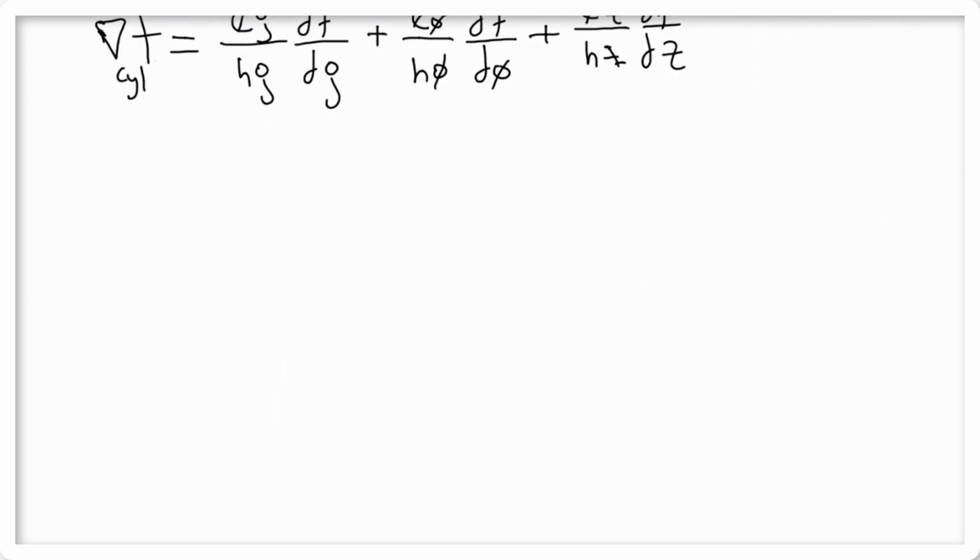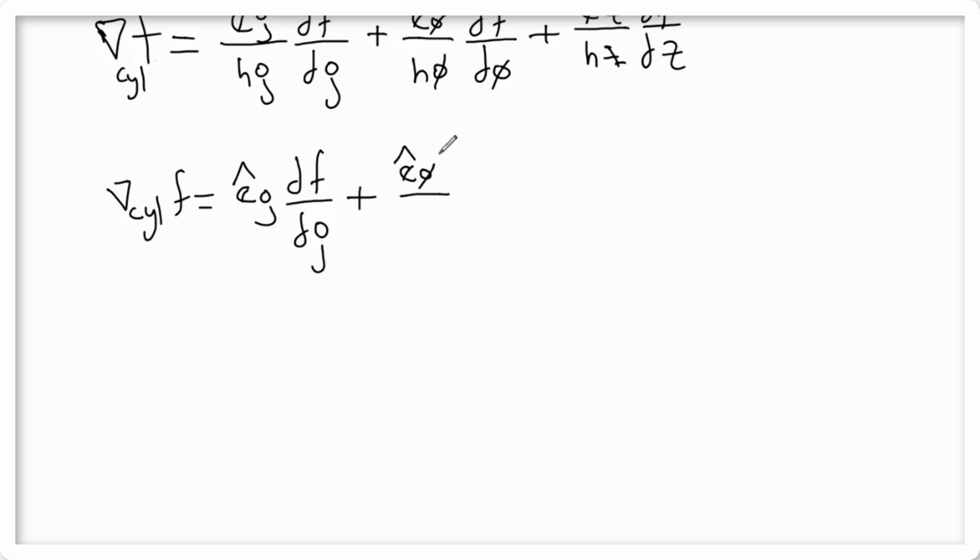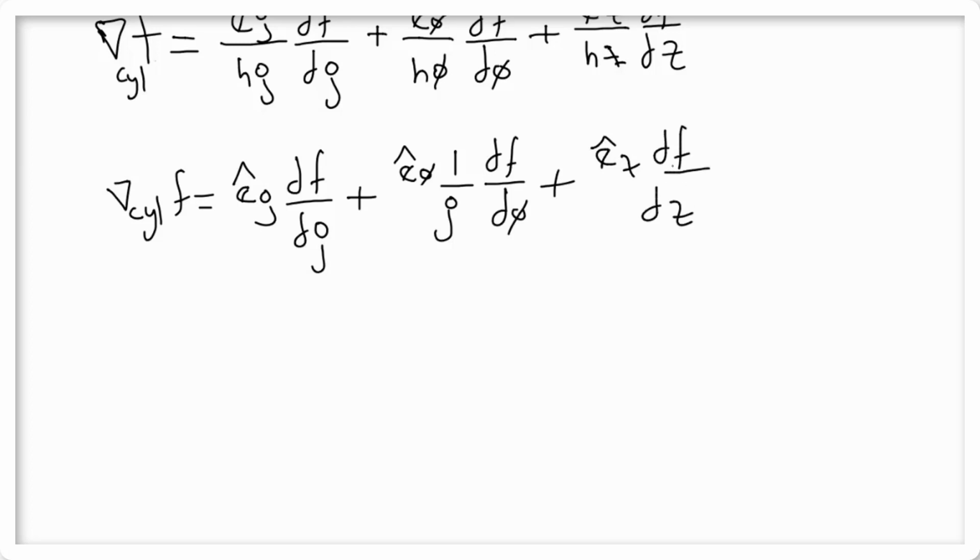Of course, if we organize this further, del f is e rho dl f over dl rho, plus e phi times 1 over rho, since you know h phi is equal to rho, dl f over dl phi, plus e z dl f over dl z.